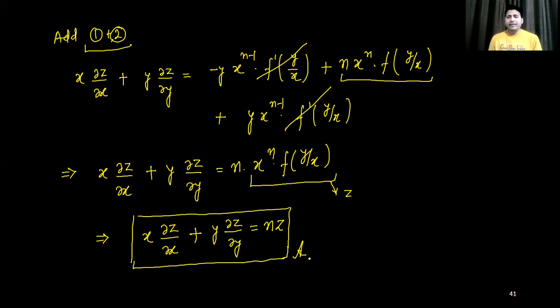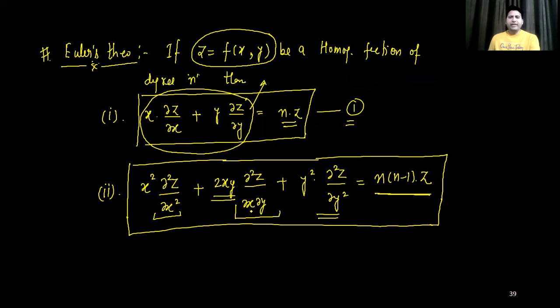In the same manner, we can prove the second result also. But when we are solving the question, there is no need to prove the result again. Directly, we should use the result number 1 and result number 2. I'm just naming them: this is the result number 1 and this will be the result number 2.